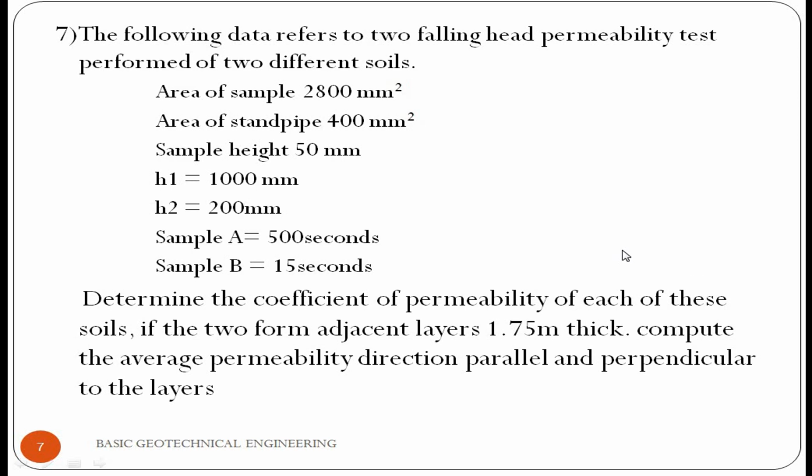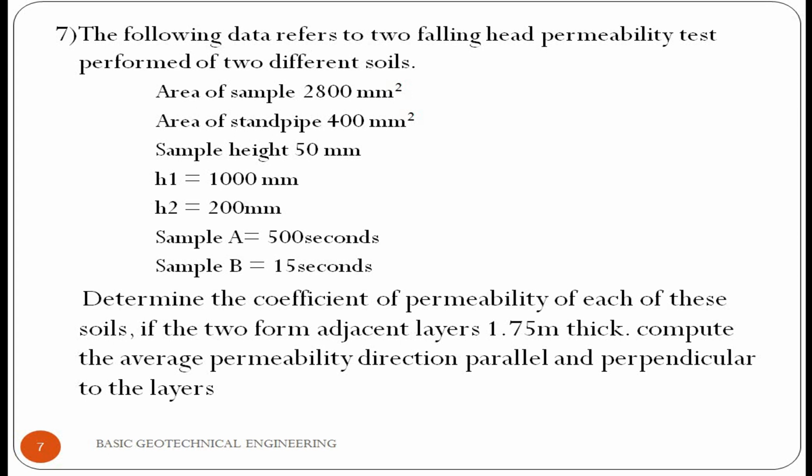So now let us solve one more problem. In this problem, the following data refers to two falling head permeability tests performed on two different soils. The area of the sample is 2800 mm square and the area of the standpipe is 400 mm square. Sample height is 50 mm, and H1 and H2 values are given.